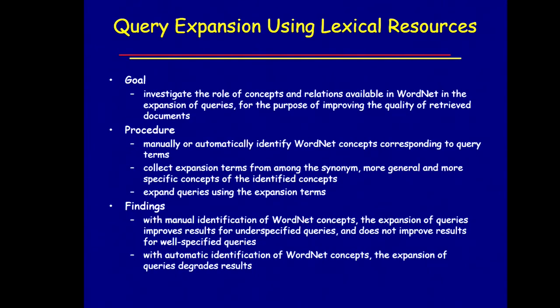She had experiments where, given a query, she would manually pick the correct sense from WordNet, and then check automatically, given the evaluation set, whether that would have better or worse accuracy for IR.